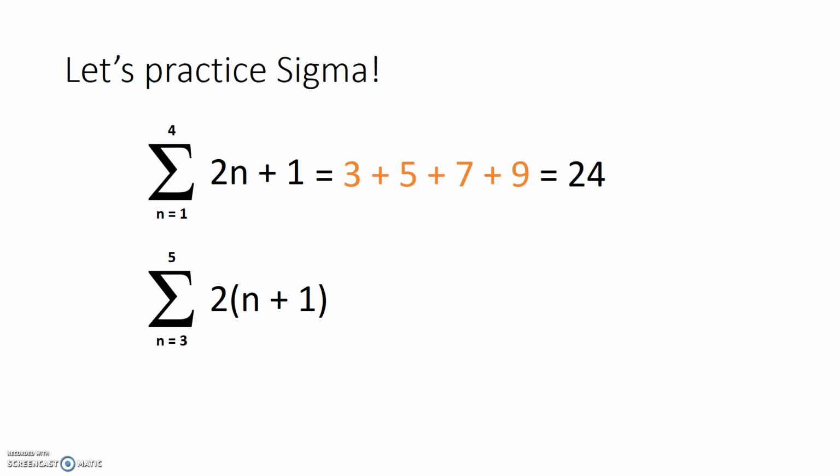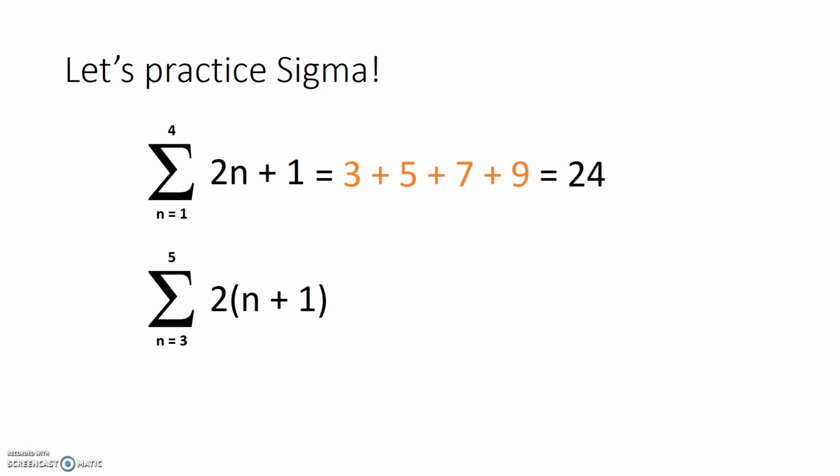So resuming this example, if we substitute 3 in for n, this is where we're starting, we get 3 plus 1, because we have our parentheses first, that's 4, and then multiply that by 2 to get 8.